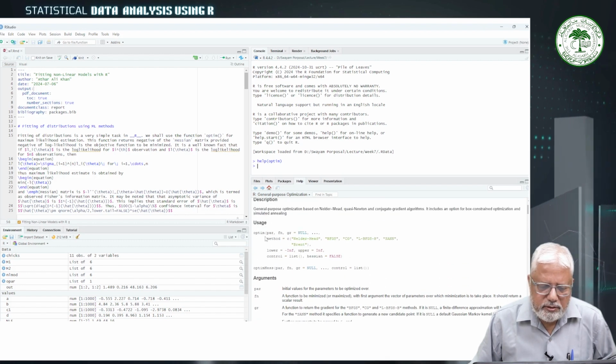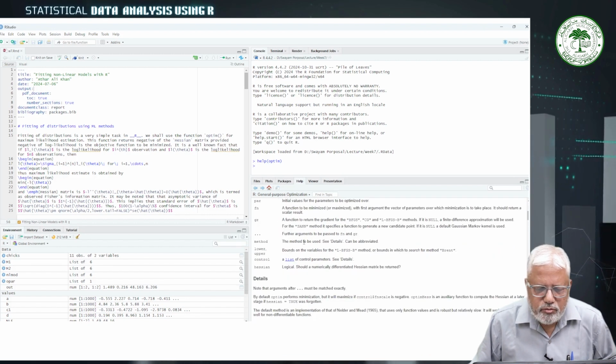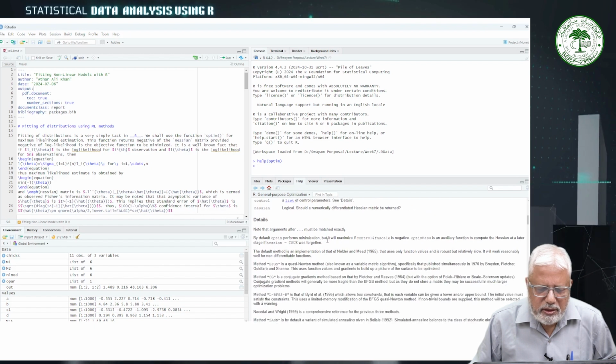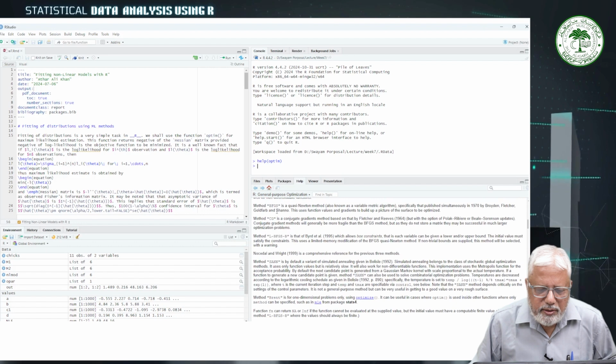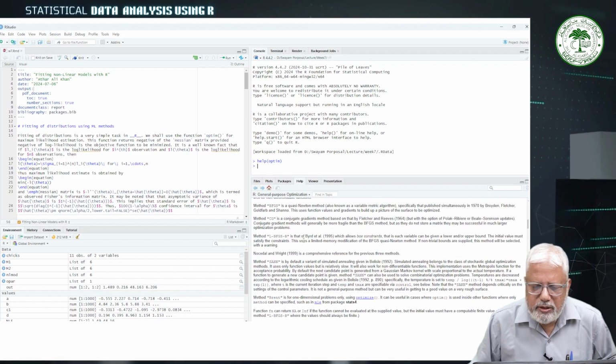This is the method. Method is equal to, see the details: BFGS and then L-BFGS.